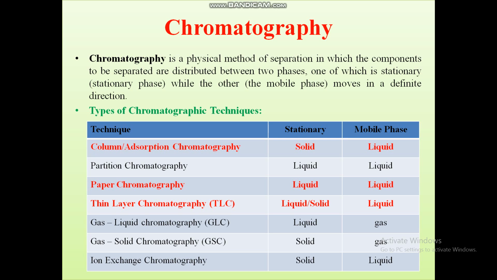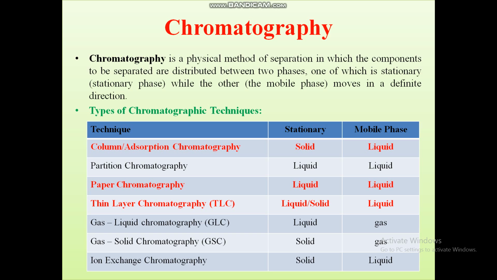Hello dear students, today we are going to study the next part of purification of organic compounds, which is chromatography. Chromatography is a modern technique used for separation and identification of organic compounds in a mixture.